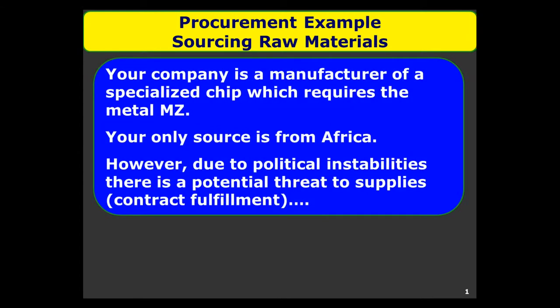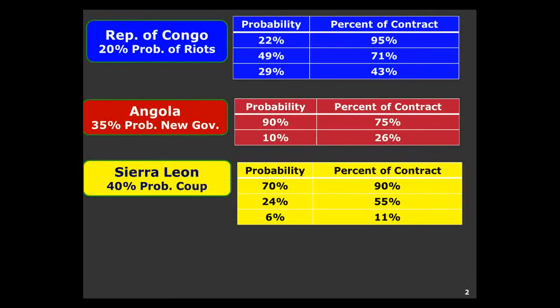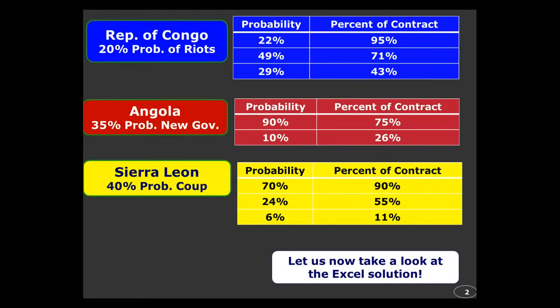Your company requires the metal MZ and your only source is from Africa. However, due to political instabilities, there is a potential threat to supplies, basically contract fulfillment. For this analysis, let us ignore cost issues and only focus ourselves on getting the metal. If you recall, earlier we discussed probabilities, and I referred to event probabilities and impact probabilities. Here's an example.